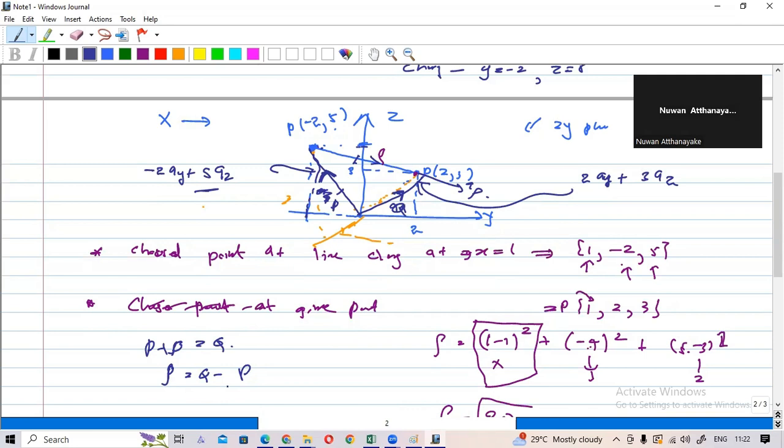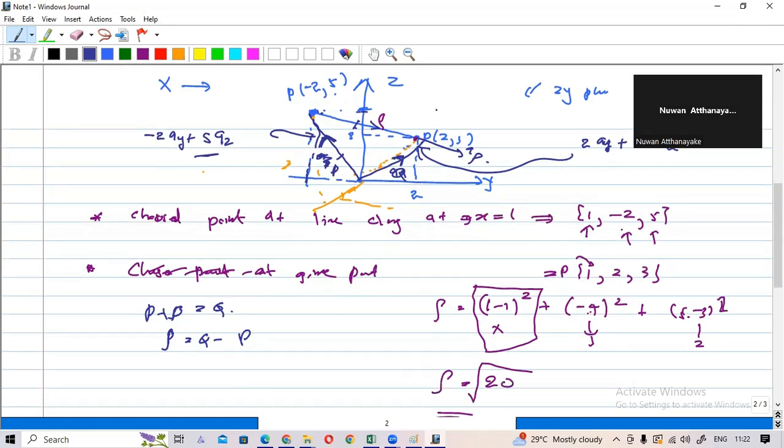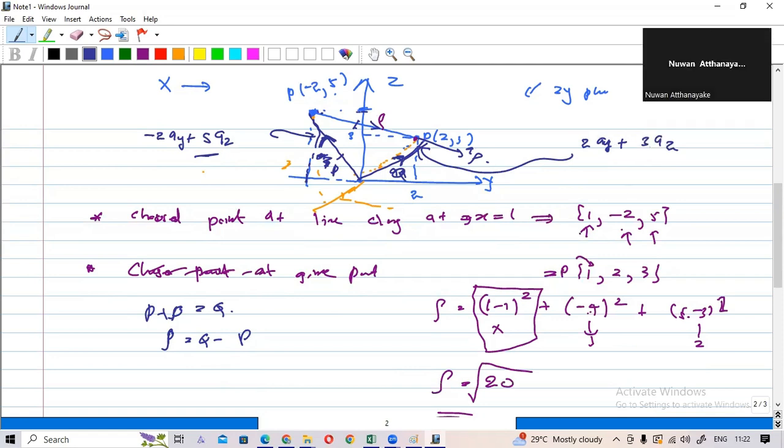We know this Q vector. The Q vector is 2ay plus 3az, minus the P vector, that is minus (-2ay plus 5az). So minus minus it will be plus 2ay, and 3 minus 5 gives the az term.